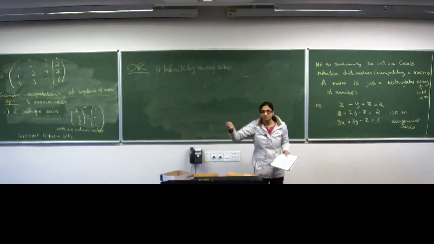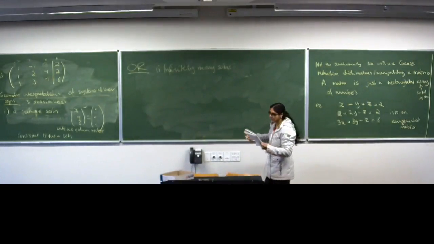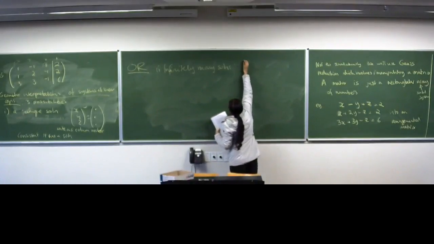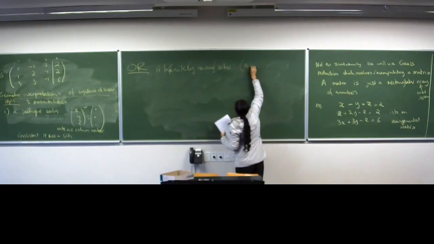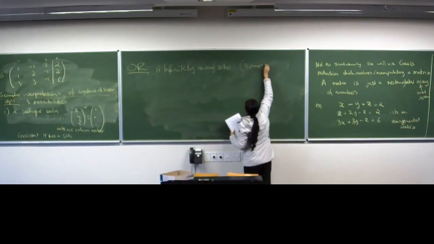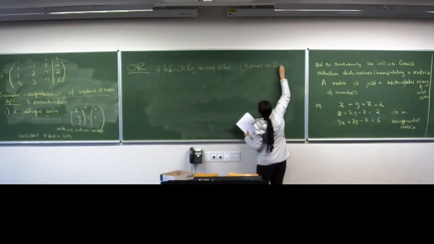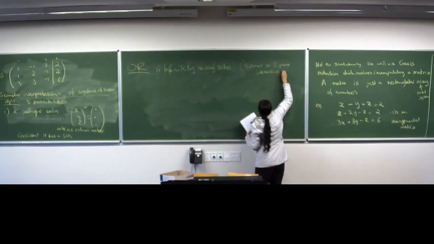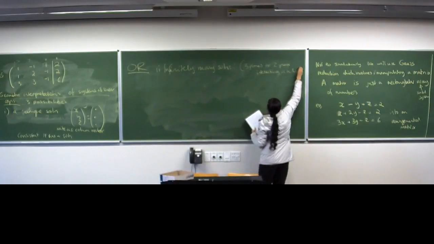Points on a line. This could be 3 planes or 2 planes intersecting in a line.